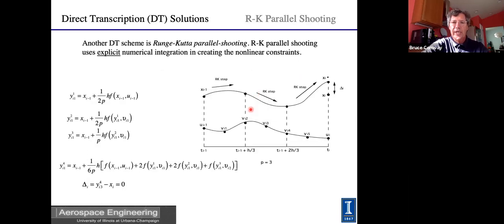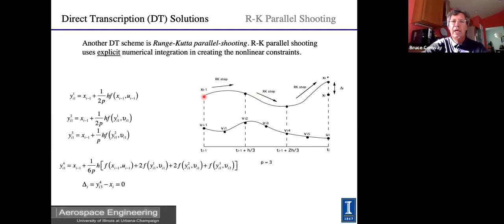Here's an alternative that we came up with in about the late 1980s that I like a little better. It's qualitatively similar. This would be just one of the segments that you saw in the previous cartoon. What we use now, instead of a simple Euler step, is the 4 steps of an RK parallel shooting.